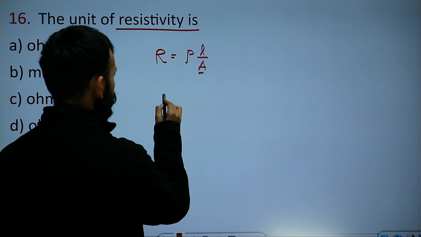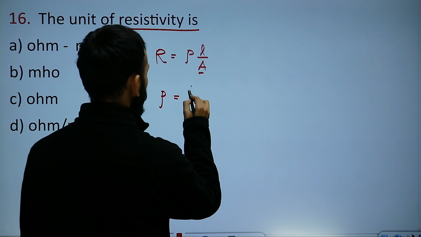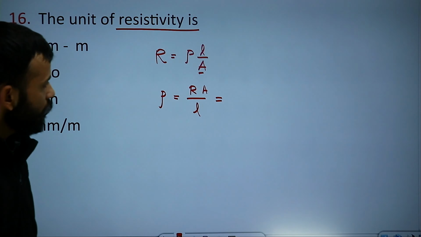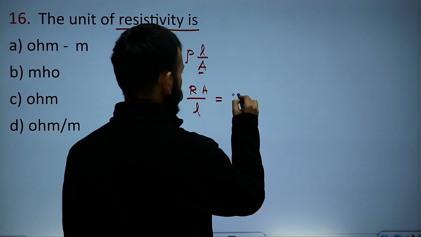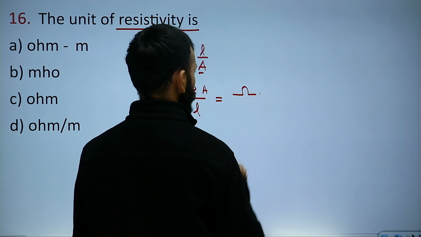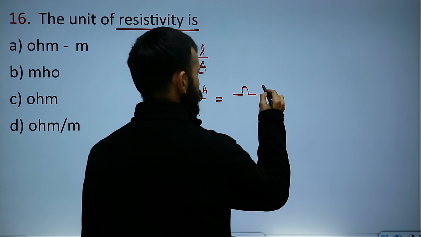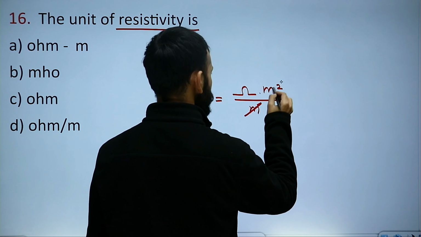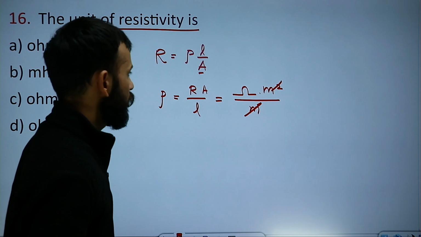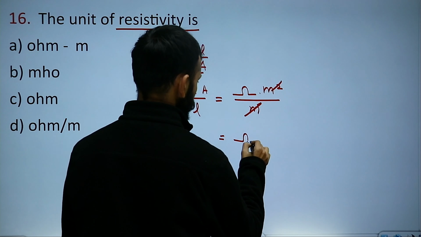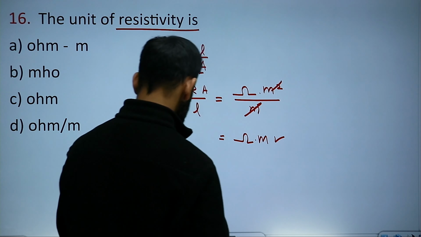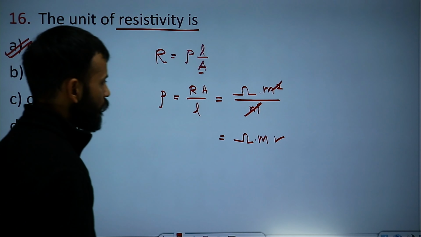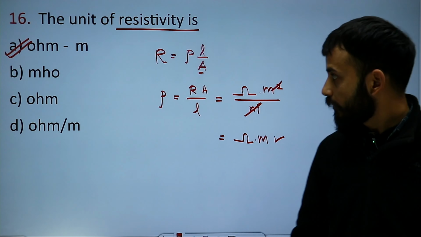So resistivity will be RA by L, and the unit of resistance is ohm, the cross-sectional area is in meter square, and length is meter, so meter cancels out meter square, and we are left with ohm meter. So this is our unit of resistivity. I hope this is clear to you.